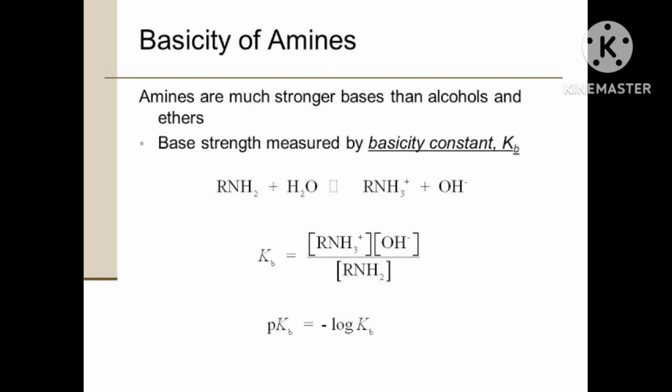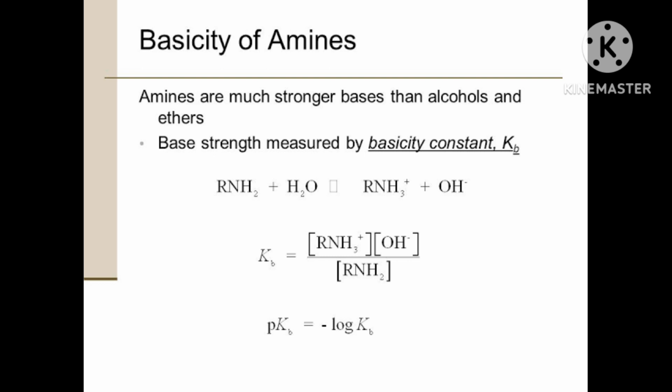On the other hand, aromatic amines, because the benzene group will not supply the electron, because it is stable, resonance stabilized, that benzene ring will not supply electron. On the other hand, aromatic amines are weaker bases than ammonia due to electron withdrawing nature of aryl group.